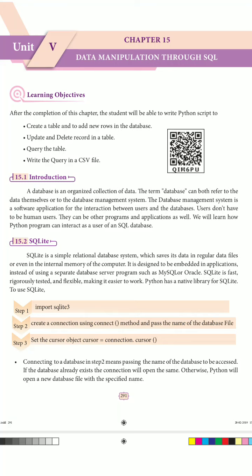Connecting to a database is a step, and step 2 means passing the name of the database to be accessed. If the database already exists, the connection will open the same; otherwise Python will create a new database with the specified name. So if your database already exists in the database management system, it will open it for you. If it is not present, it will create a new database.